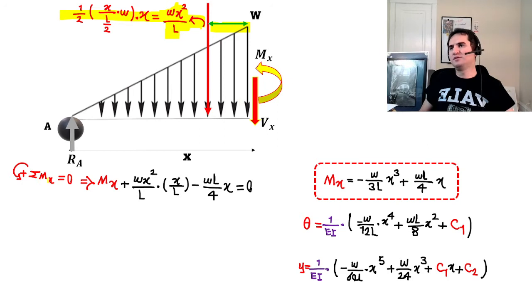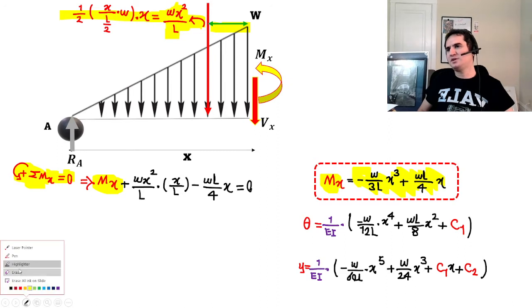If you develop the moment equation and rearrange it, you get M of x equals negative W over 3L times x cubed plus WL over 4 times x.